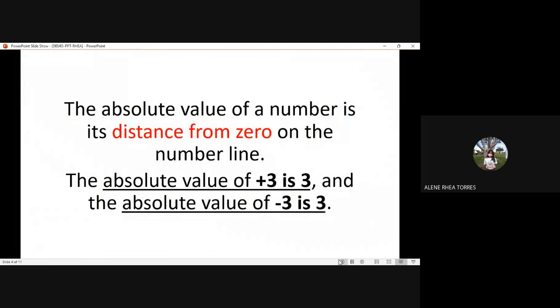There you go. So the absolute value of a number is its distance from 0 on the number line. So tandaan nato yung naka-red diri na letters. Distance from 0, that is the absolute value. Like for example, ang 0 nato kay ang balay ni Aloy, ang starting point.